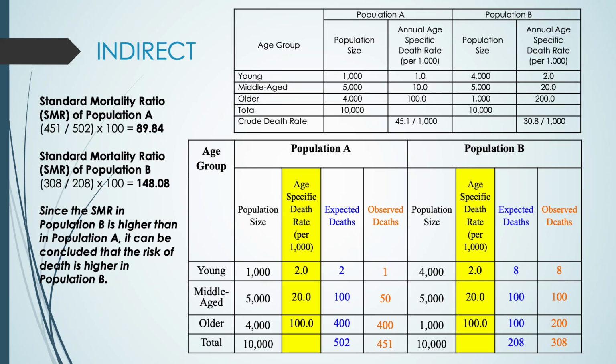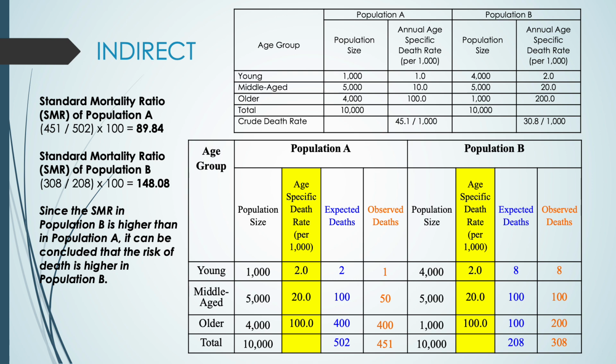For the indirect standardization, again for ease, I place the same table for reference here. So we start by borrowing the annual age-specific death rate from the population with the higher population size.